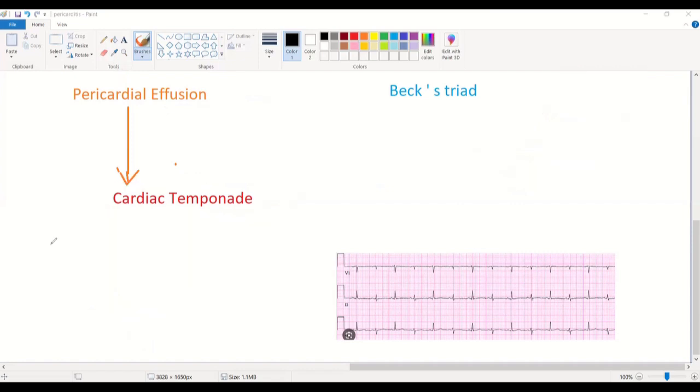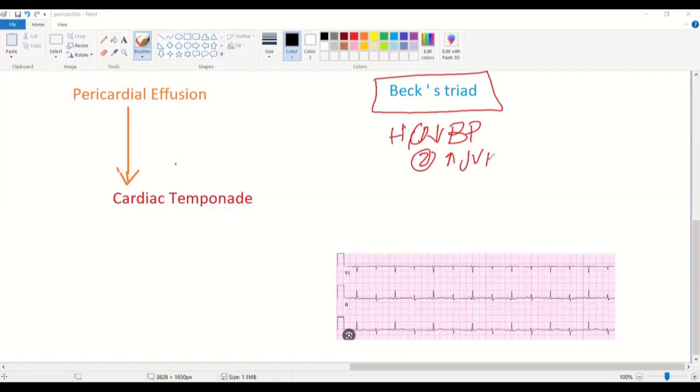Okay, can anybody tell me what is the Beck's triad? Elevated jugular venous pressure. Then decreased BP and decreased heart sound.